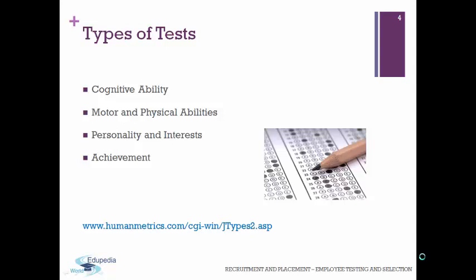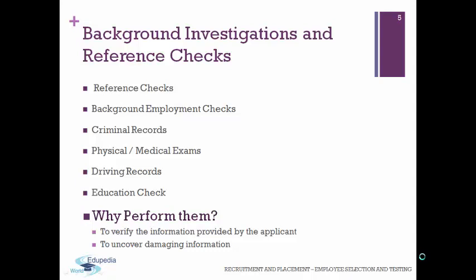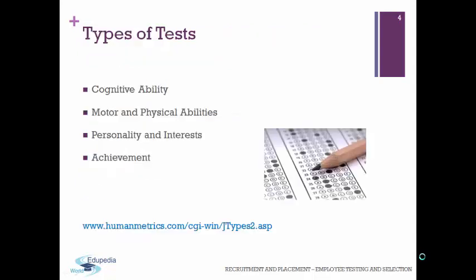Next point is background investigations and reference checks, right? I did not complete the previous slide. Moving on. So what do personality tests measure? Personality tests measure basic aspects of an applicant's personality, such as introversion, stability, and motivation.